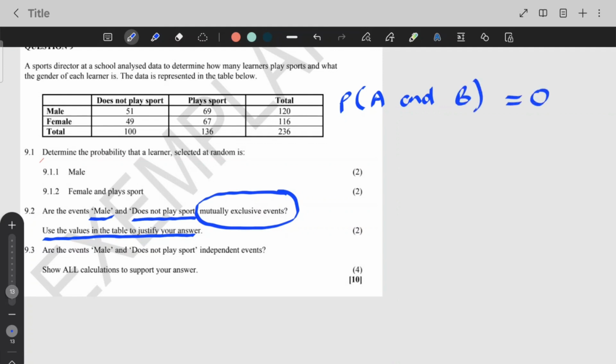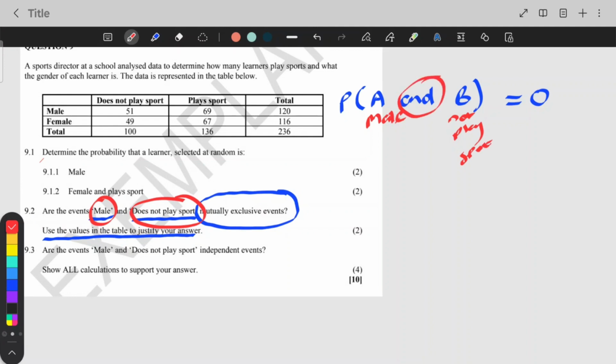Let's say event A is being male, and event B is does not play sport. The "and" means it's one number in the table. So I'm going to go to male, and look for does not play sport. So it's definitely this number over here.